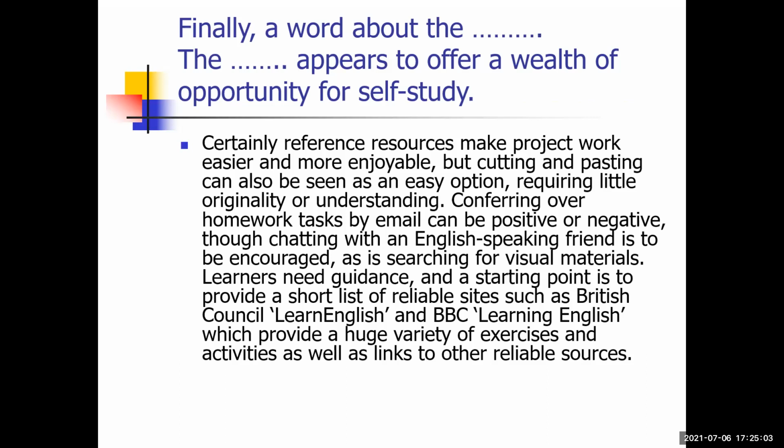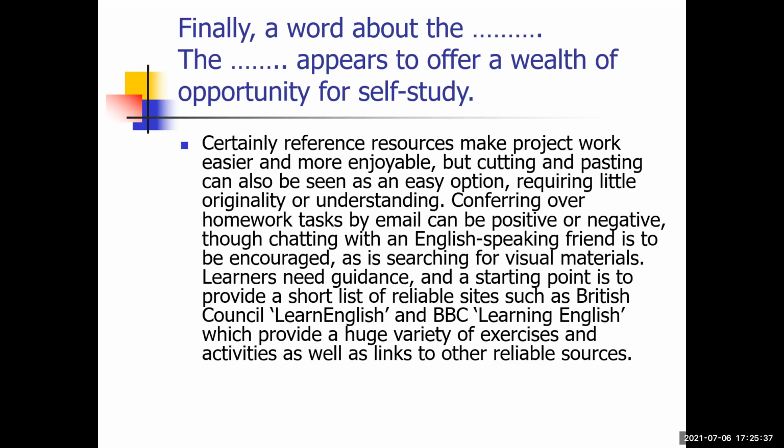Try to guess. So it appears to offer a wealth of opportunity for self-study. Certainly, reference resources make project work easier and more enjoyable, but cutting and pasting can also be seen as an easy option, requiring little originality or understanding. Conferring over homework tasks by email can be positive or negative, though chatting with an English-speaking friend is to be encouraged, as is searching for visual materials.